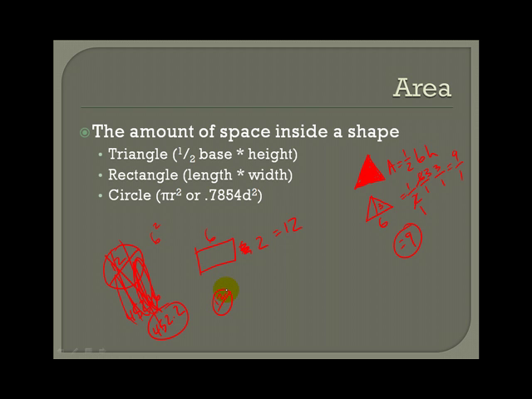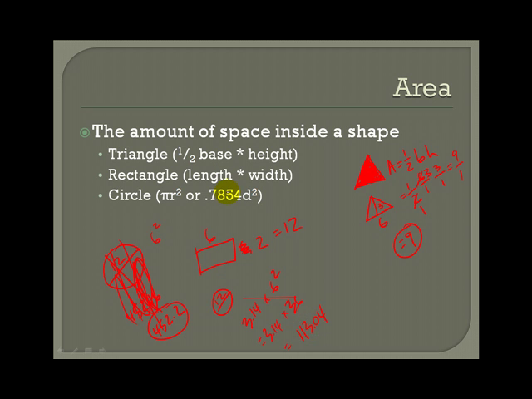Circle? 12. So pi r squared is going to be 3.14 times 6 squared, which is 36 times 3.14, which equals 113.04.